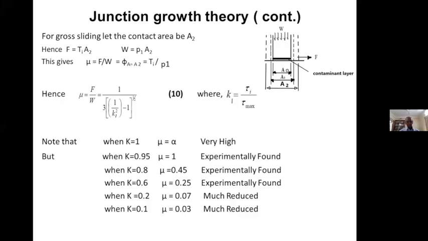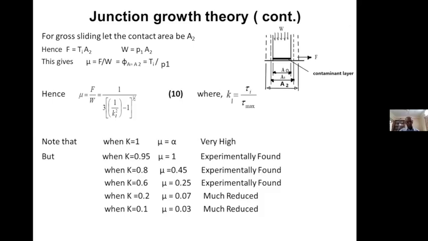It will be infinite when K is 1, and as K reduces, the friction reduces. So this is very much in our understanding that the contaminant layer is soft and the friction is low.